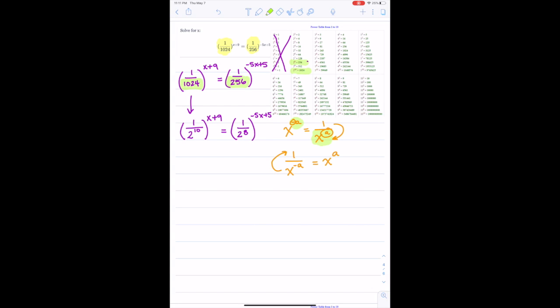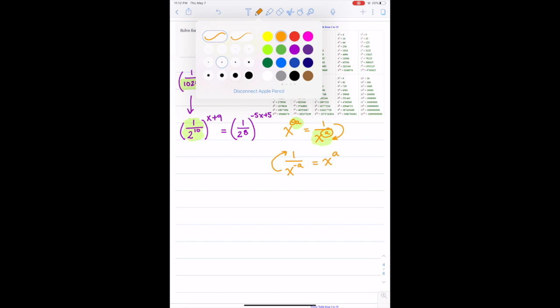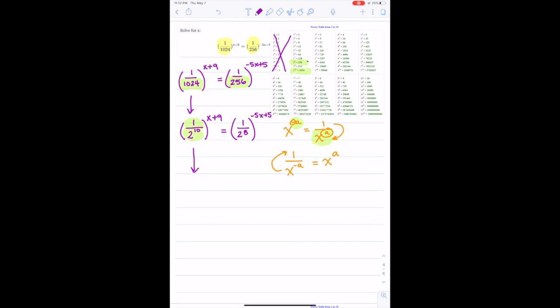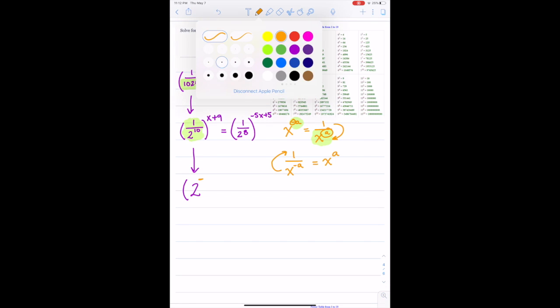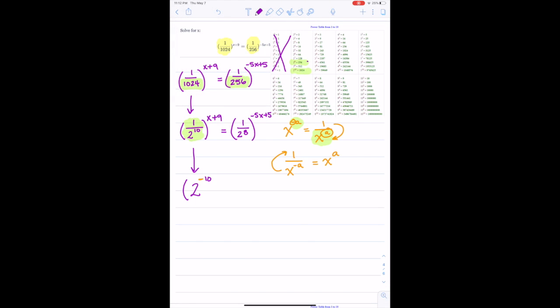So if I look here, I see 1 over 2 to the 10th power. Notice that 2 to the 10th power is in the denominator. So I can fix that. I can bring it up by just changing the sign of that power. So I'm going to put negative, and I'm going to do it in a different color to be intentional. So 2 to the negative 10th power to the x plus 9 is equal to, let me get rid of this stuff over here.